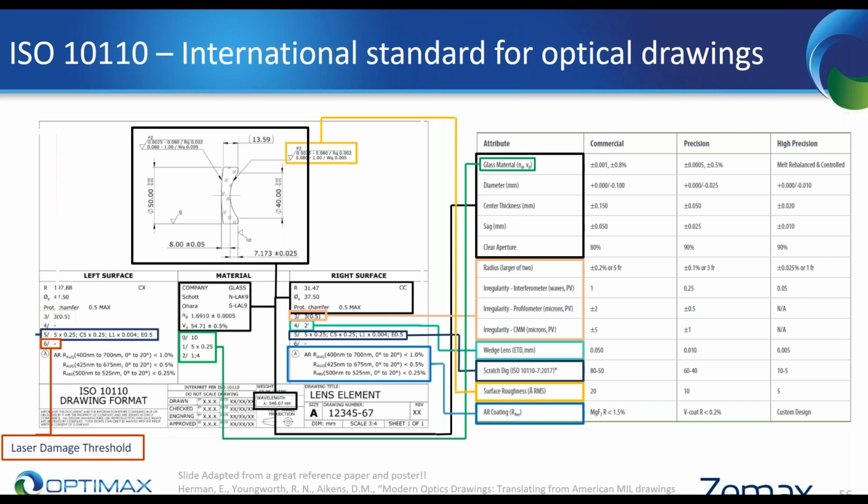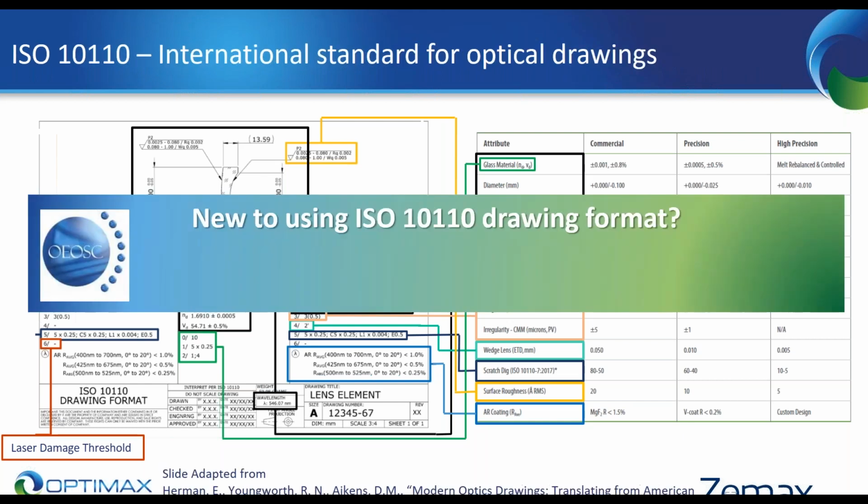The last two things before I summarize is reviewing a case study that I worked on with Rich Youngworth and Dave Aikens 10 years ago now. But even though it's 10 years old, it still highlights the importance of considering cost in design. What we did is we took a case study design. It was not a complete design. There were no opto-mechanical considerations, but we took a set of 5 tolerances.